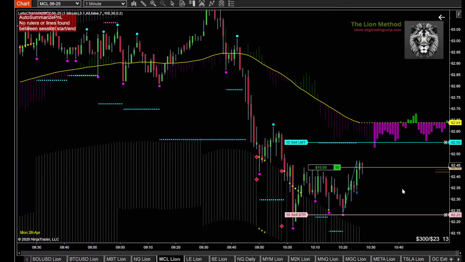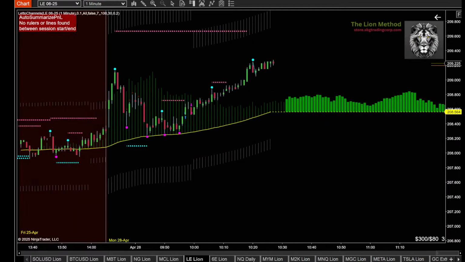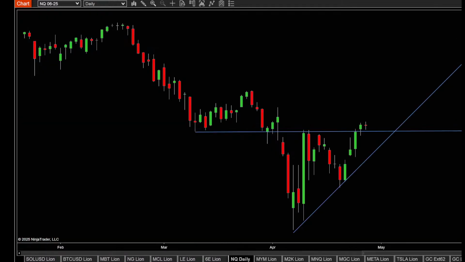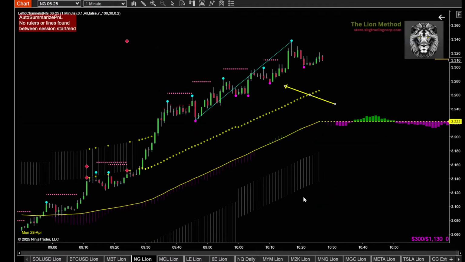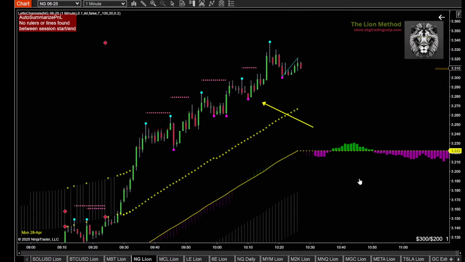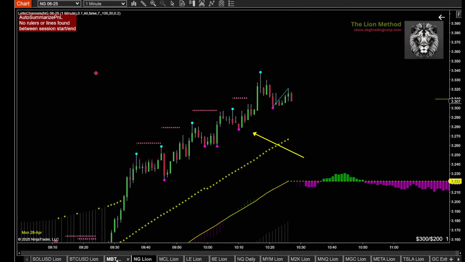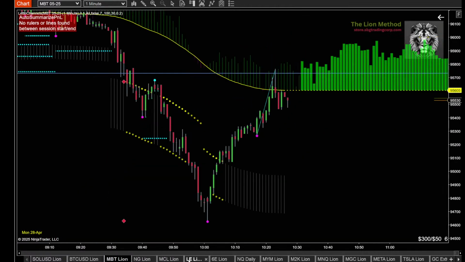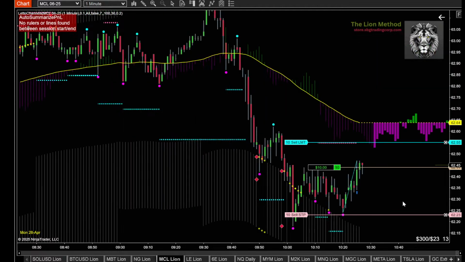All right. Crude, we are long. I don't think we have anything else going on. Nat gas, possibly short. So overbought. We missed that trade. We missed the micro Bitcoin futures.